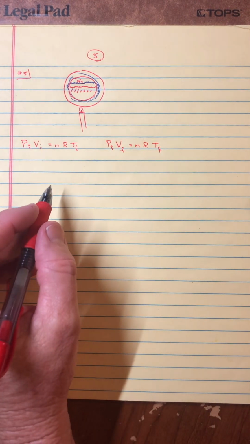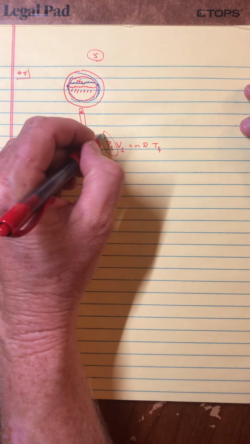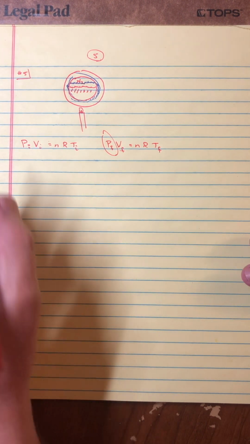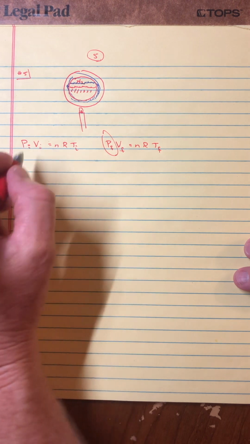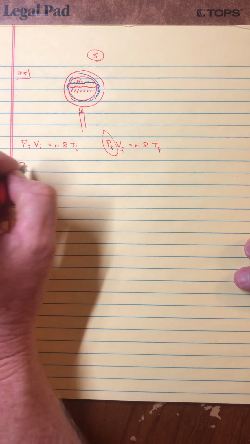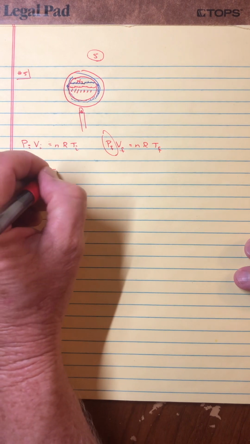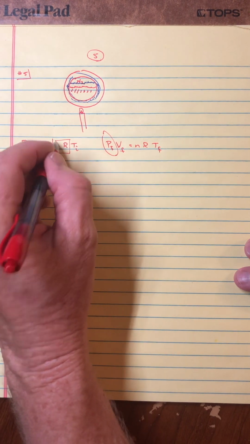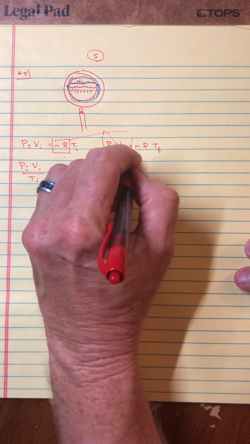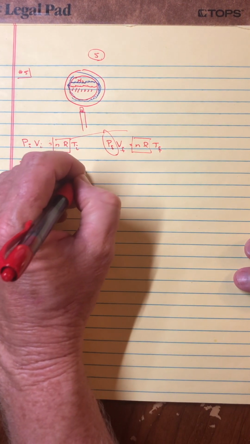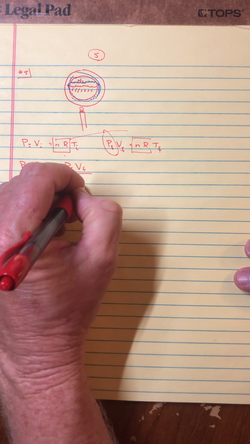As I focus on the nitrogen gas, I am looking for the final pressure. And so if I rearrange this to say initial pressure times initial volume over initial temperature, that would equal nR. But if I did that same logic for the final, I would have final pressure, final volume over final temperature.